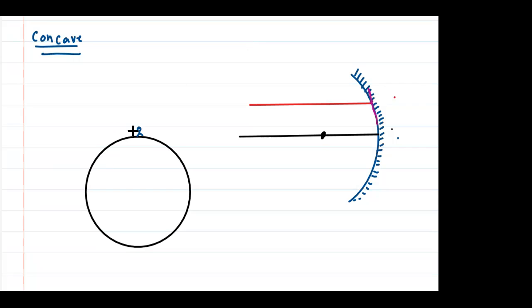So if you're carrying a pole on your head at this point, the pole will be like this. Yes or no? Everyone is getting this?